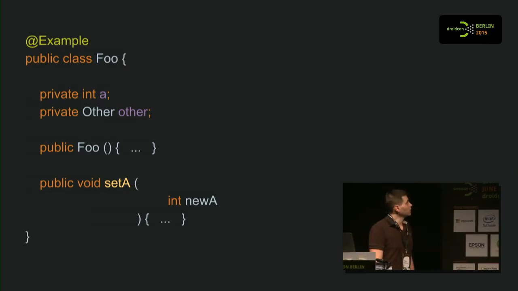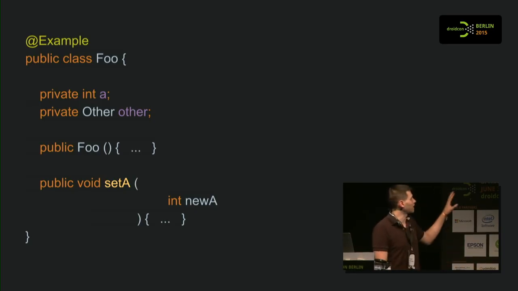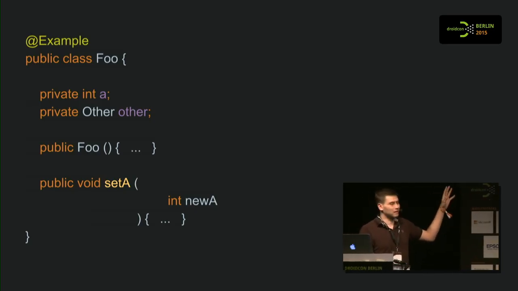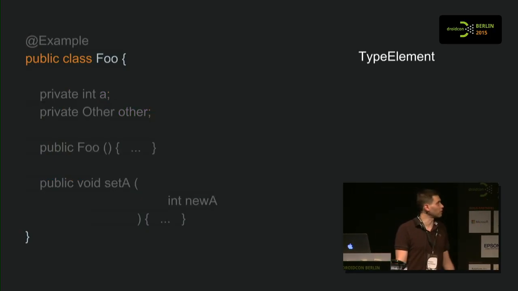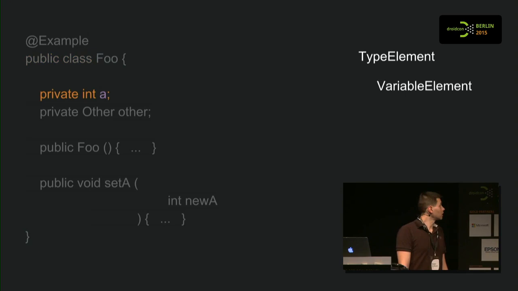An element can basically be everything in Java. So we are scanning this class now, but don't see it as Java code. See it more like some kind of tree. So basically, we have a root element, which is of type Element. Then we have a variable element. A variable element stands for this variable.